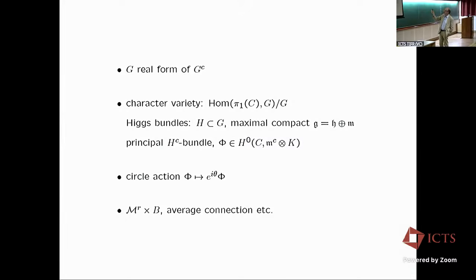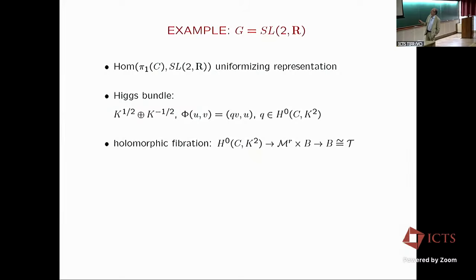We take the maximal compact subgroup H of G, and we decompose the algebra into H plus M. The Higgs field has to lie inside the M part of the decomposition, but we still have a circle action. So now we can look at the product, the real part, if you like, times the base, and we can average the connection in the same way as before, and so we get the same sort of picture.